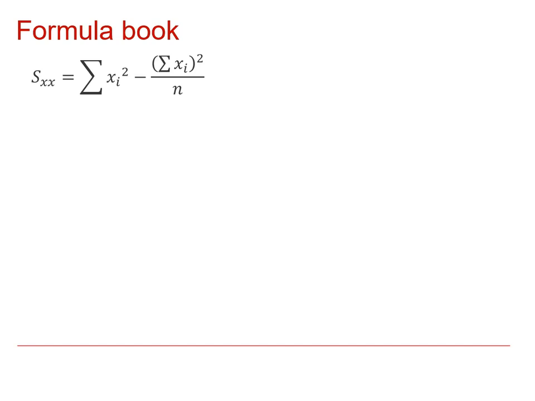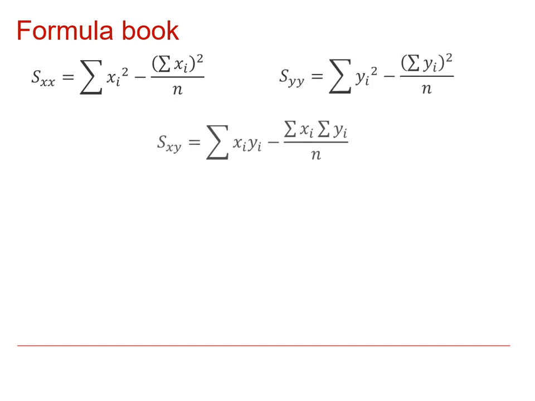So in the formula book, you are given the following. We've got Sxx, which is defined like that. We have Syy, and we have Sxy. This should look a little bit familiar to you, because if we calculated Sxx over n, that is actually equal to the variance of x, or sigma squared x.